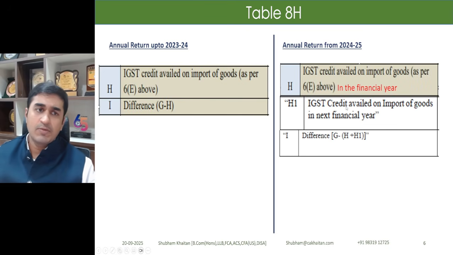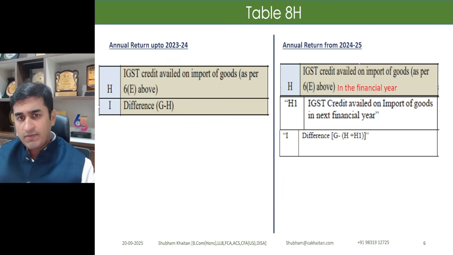Table 8H is talking about reconciliation of ITC on import of goods, where I have to reconcile IGST paid versus IGST credit availed. So 8H now needs to contain only the IGST credit availed in the current financial year, 24-25, and H1 contains the details of ITC availed in the next financial year.